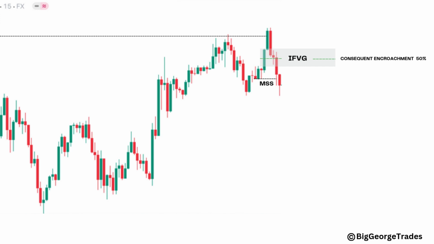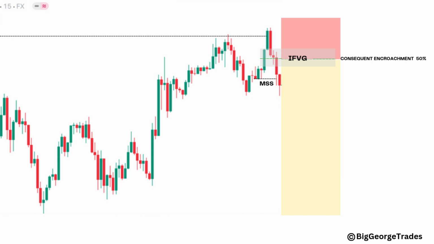So what you do is you mark from the original buy FVG across the new sell FVG that we have identified. At this one, we'll be taking our trade at the consequent encroachment level, that's 50% of the marked level. I mostly like the 50% because, depending on price movement, price can easily tap the 50%, then it will drop or it will buy off. So always use the 50%.